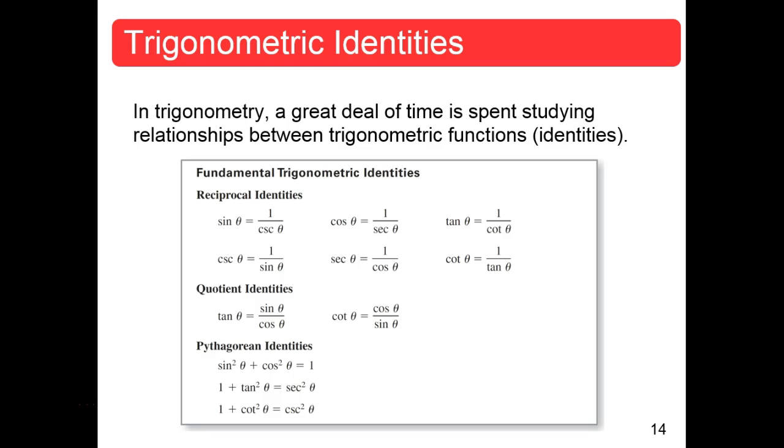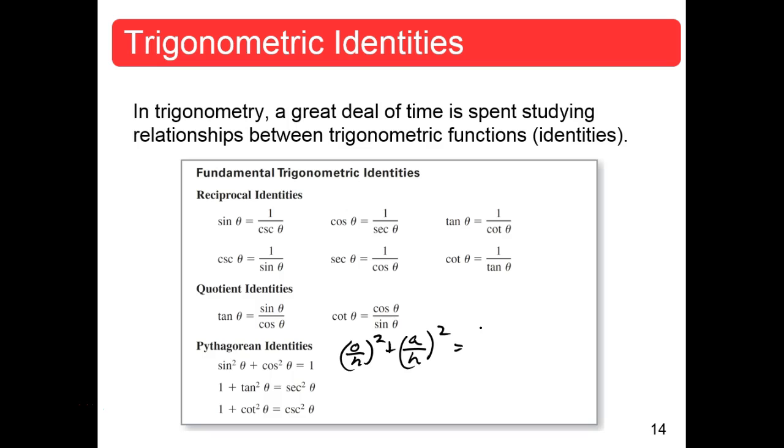Well, let's think. Since we're dealing with right triangles, you tell me what sine is. If you're dealing with SOH-CAH-TOA, what is sine? Opposite over hypotenuse squared plus adjacent over hypotenuse squared.